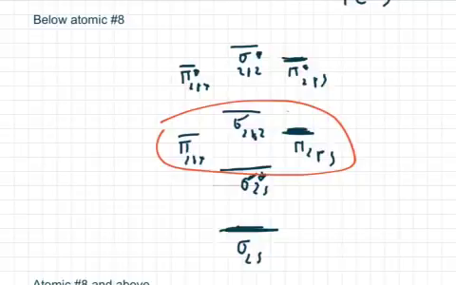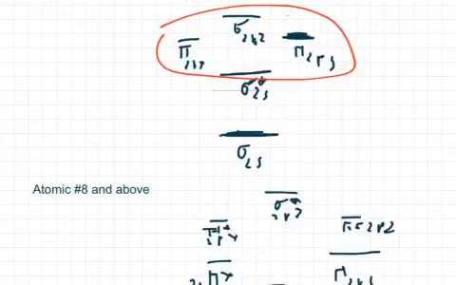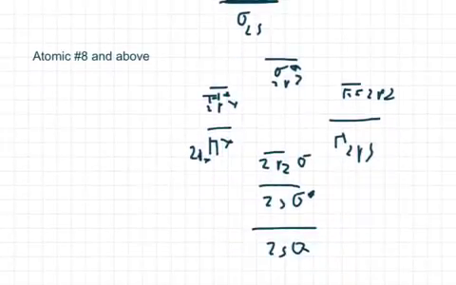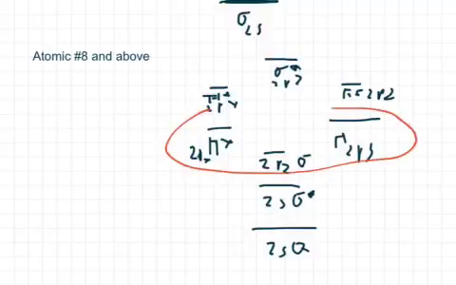It should also be noted that we only use valence electrons because these are the ones that are used in bonds. However, for elements of atomic number 8 and above, we follow this structure. Again, it's very similar to the above structure, with the only difference being here, in which case the sigma bond level has dropped 2 levels down.